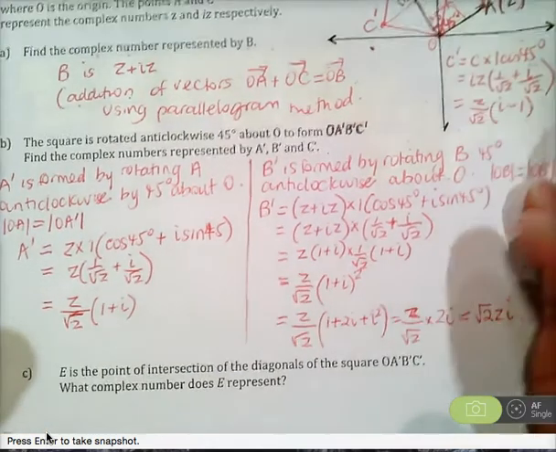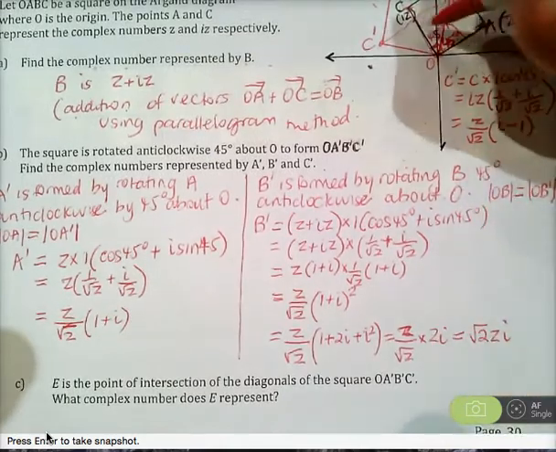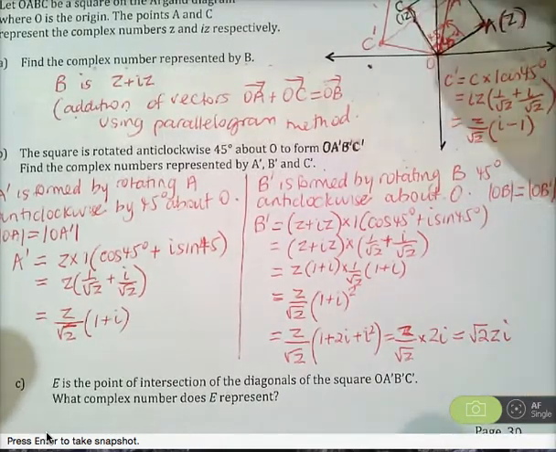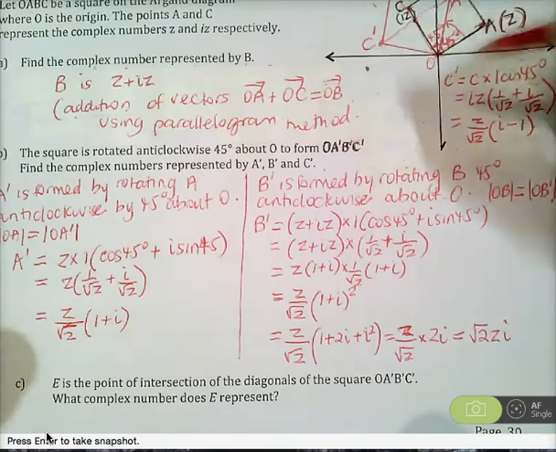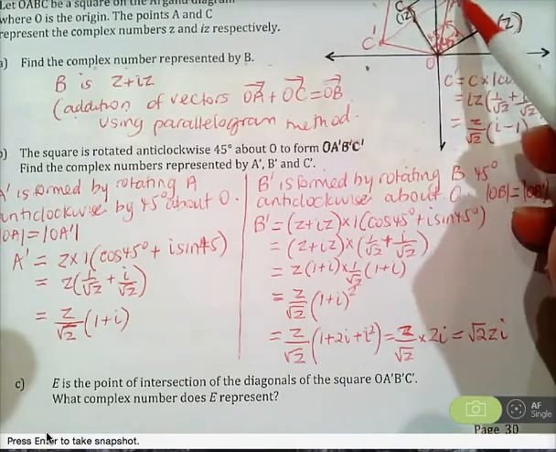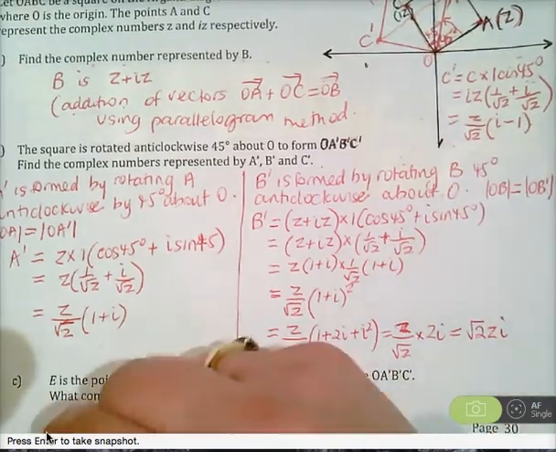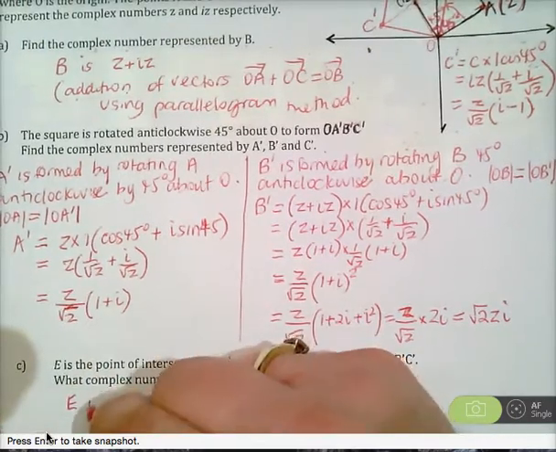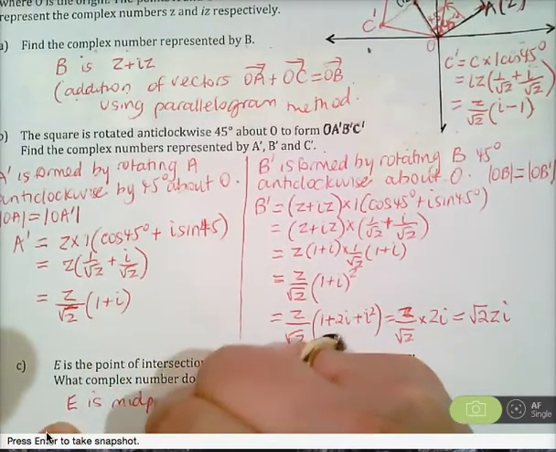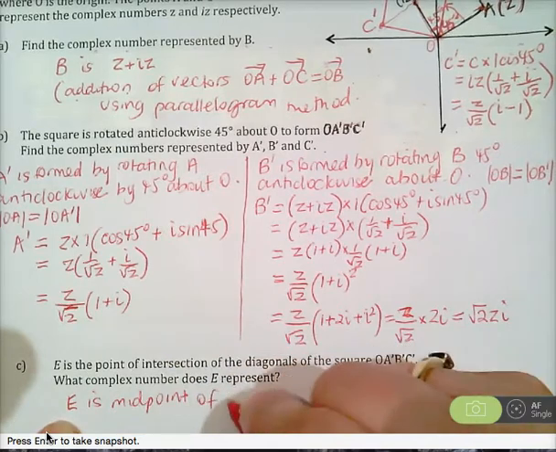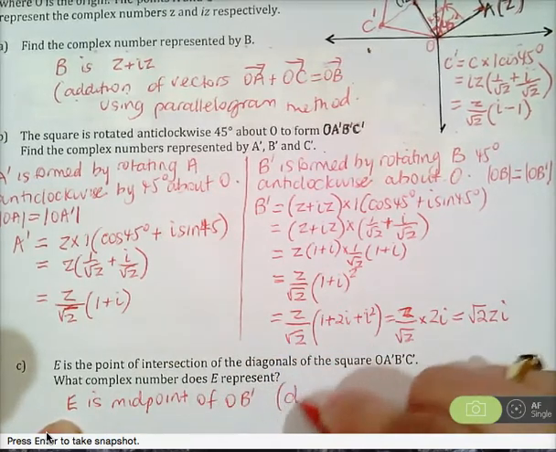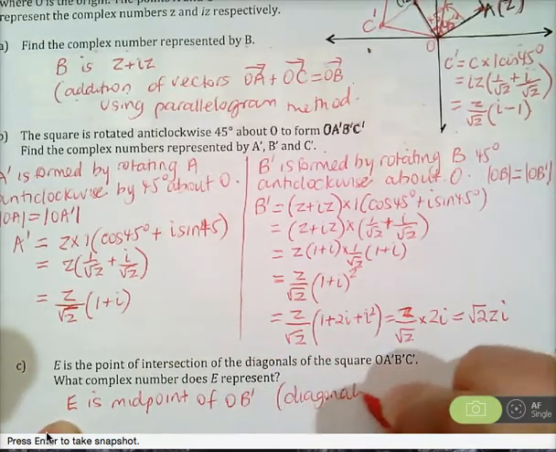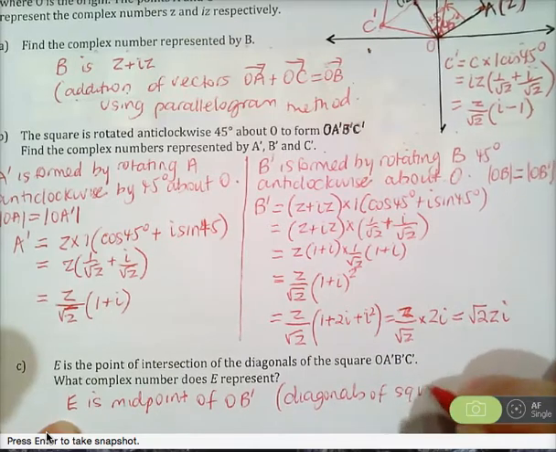So if we want to find the intersection of the diagonals of a square, it would either just be the midpoint of O, B dash, or it would be the midpoint of A dash, C dash. So I think it's easier to say that E is the midpoint of O, B dash, reasons: diagonals of a square bisect each other.